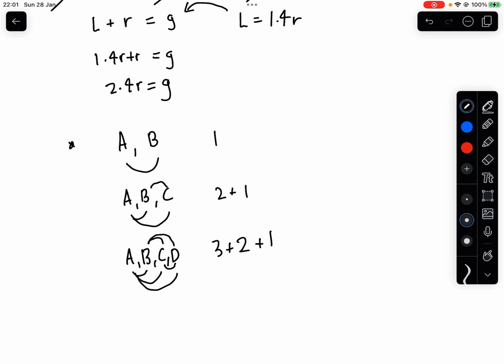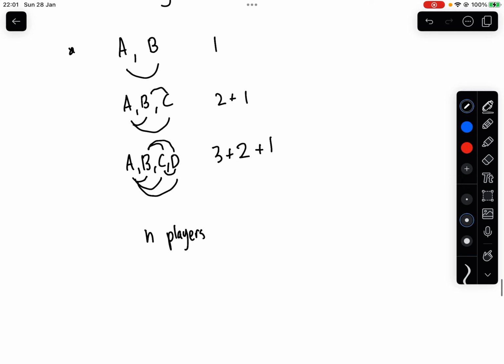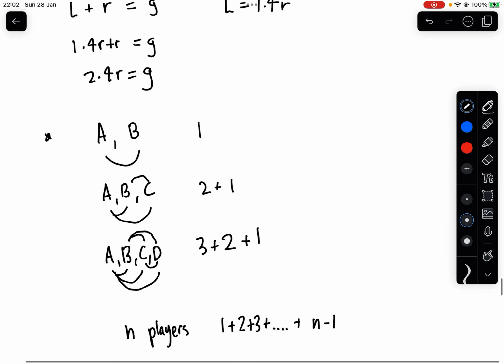And we can see that with two players, the biggest number we add on is 1. If we have 3 players, the biggest number we add on is 2. So the biggest number we add on is always 1 less than the total number of players. So if we have n players, we're going to have 1 plus 2 plus 3 plus all the way to n minus 1, right?